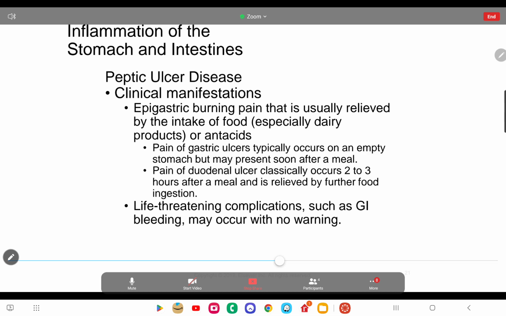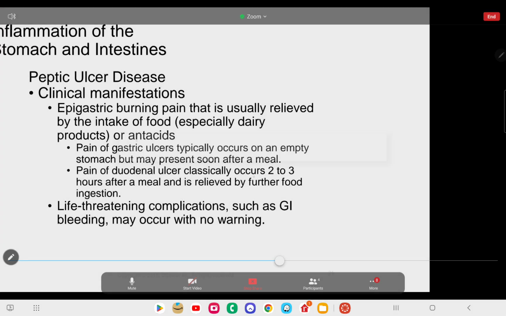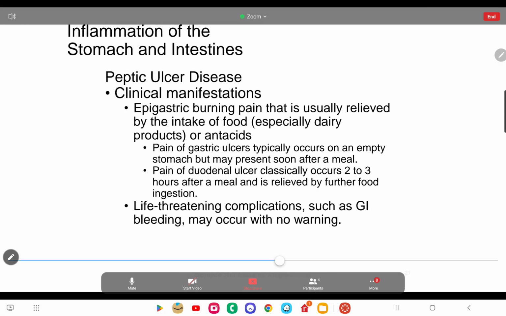And you have to know that in peptic ulcer disease we have the gastric and the duodenal. The pain in the gastric is when the patient is eating. The pain in the duodenal is like 2 or 3 hours after the meal.